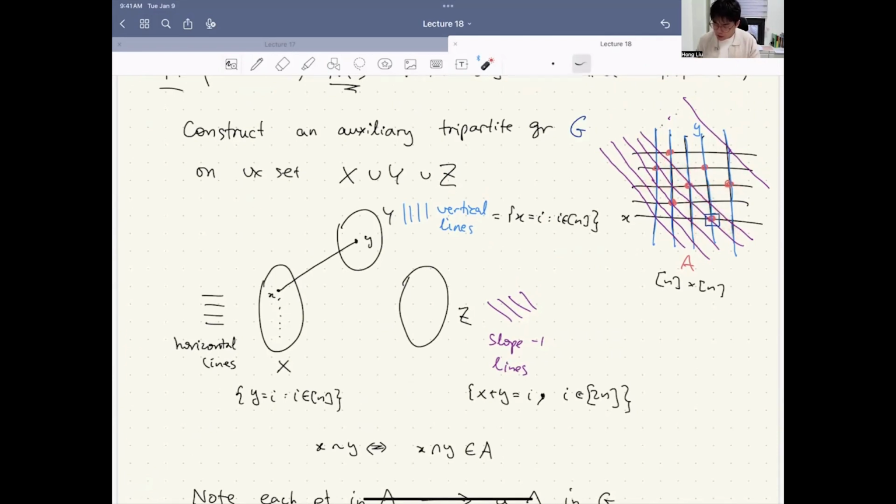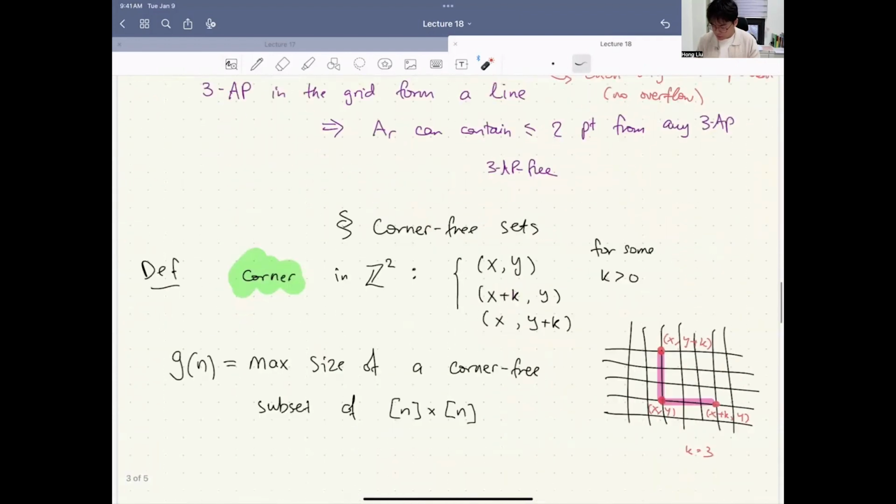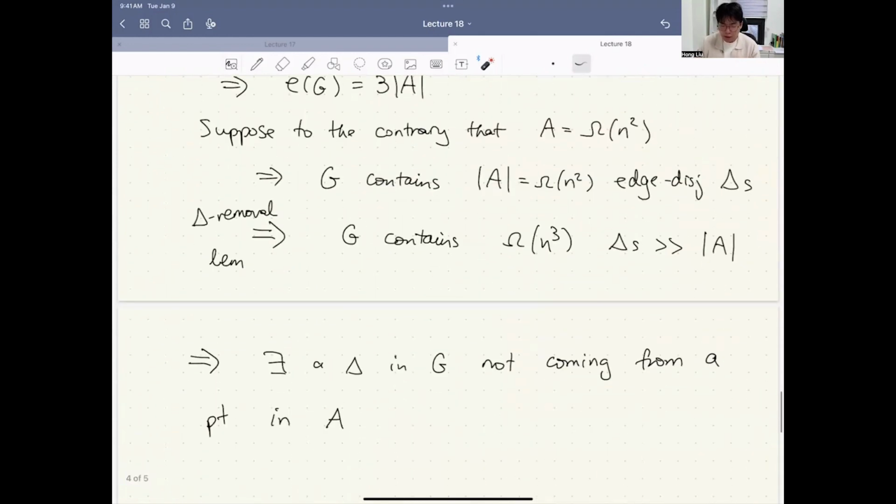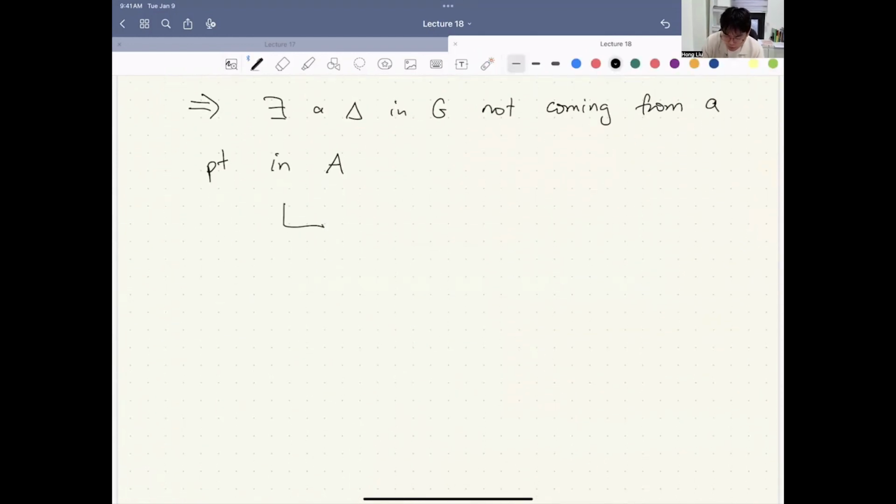Well, we claim that it must look like this. Such a triangle corresponds to a corner. Sorry, not grid, corner.